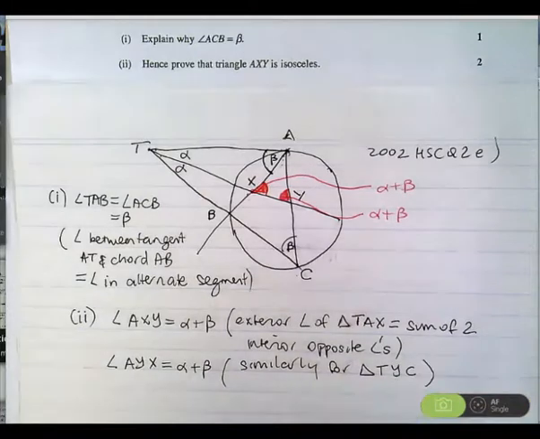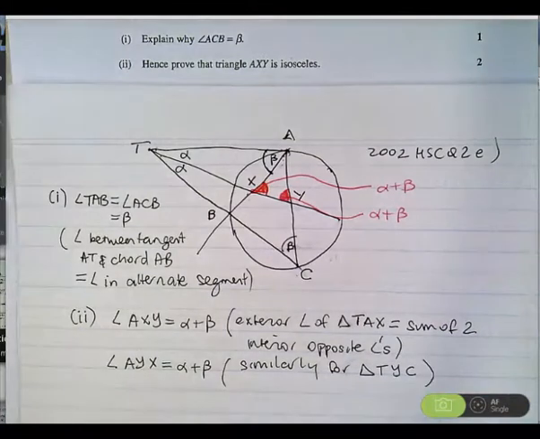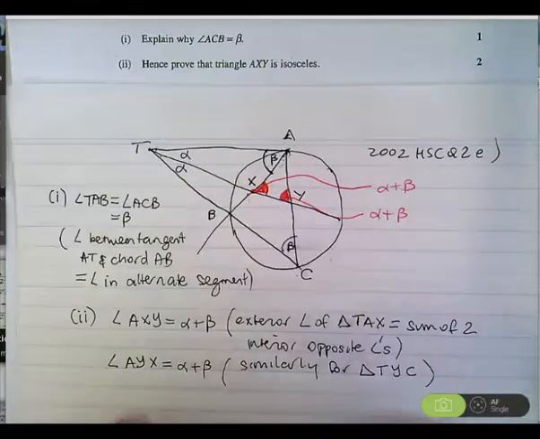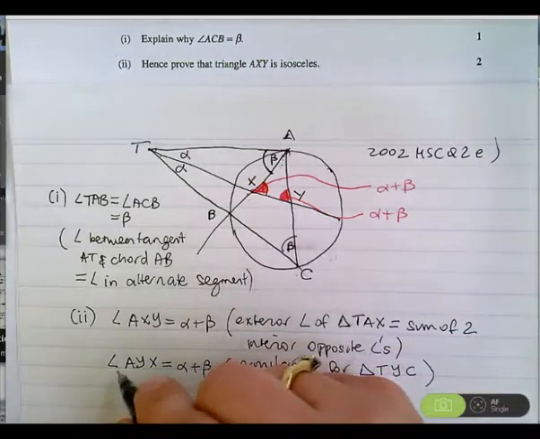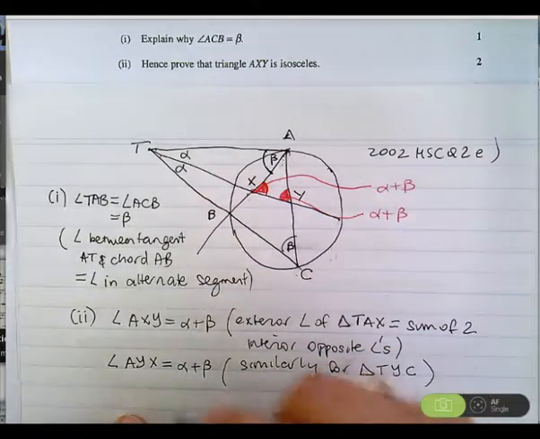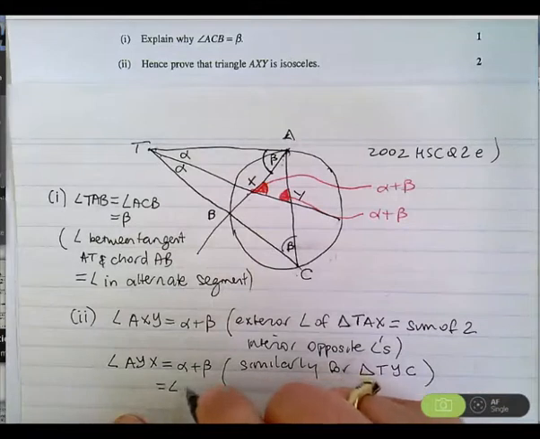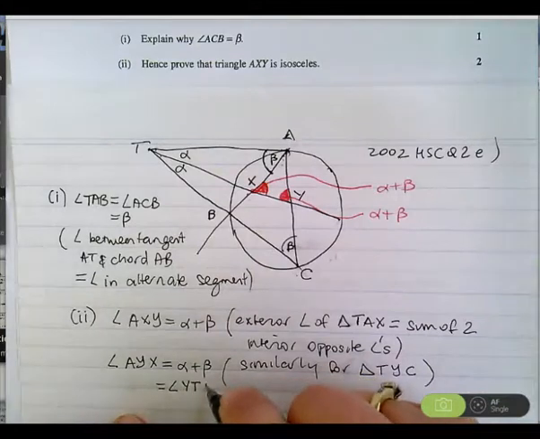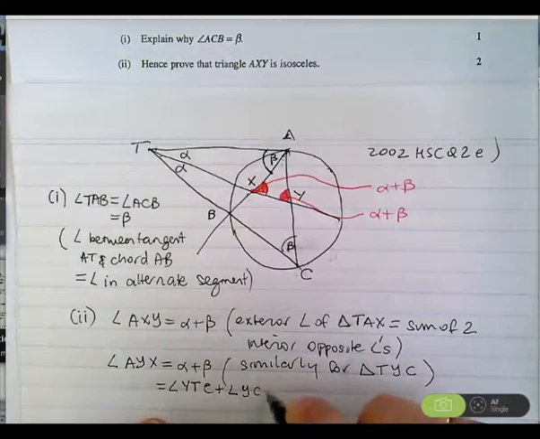We don't need to say TAB equals beta. Oh, yeah, actually you could say angle AYX is equal to angle TYC plus angle YCT, which equals alpha plus beta.